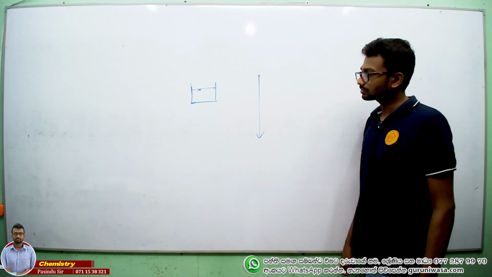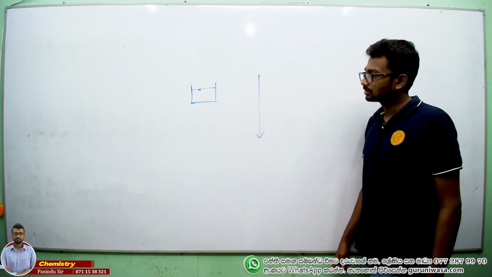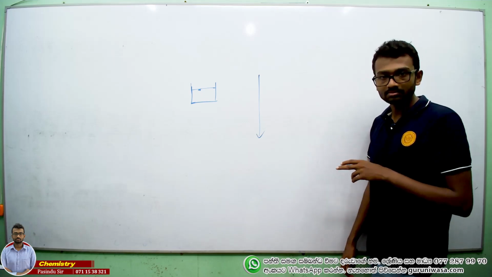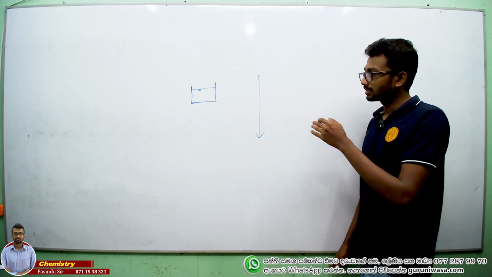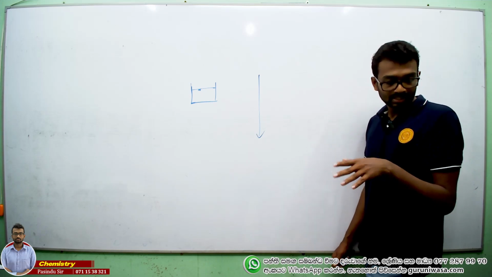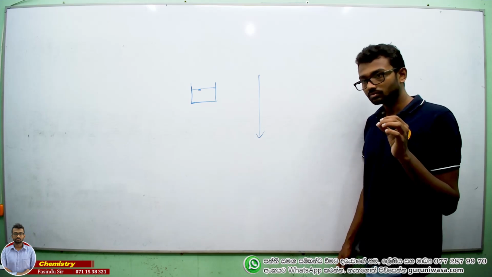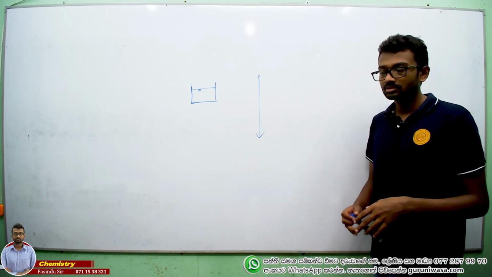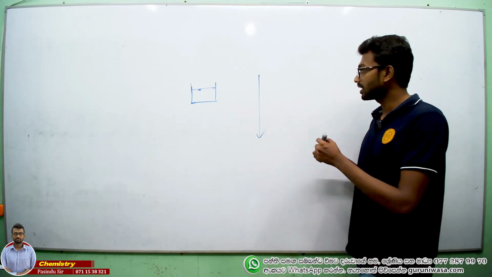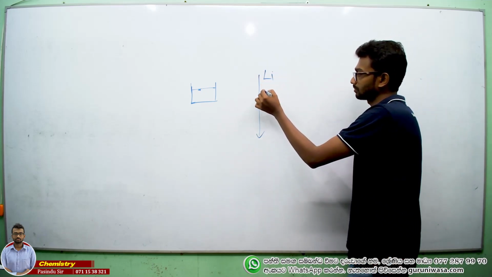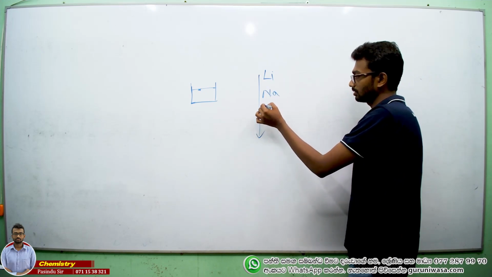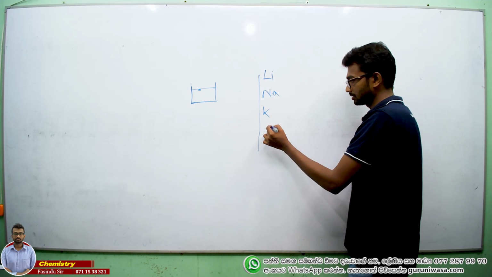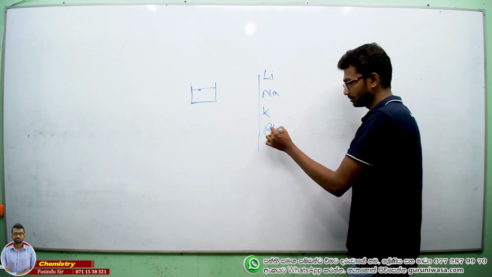So when we come to lithium, it's not reactive like sodium. Sodium reacts vigorously, and potassium is more reactive than lithium and sodium. Then rubidium, cesium.